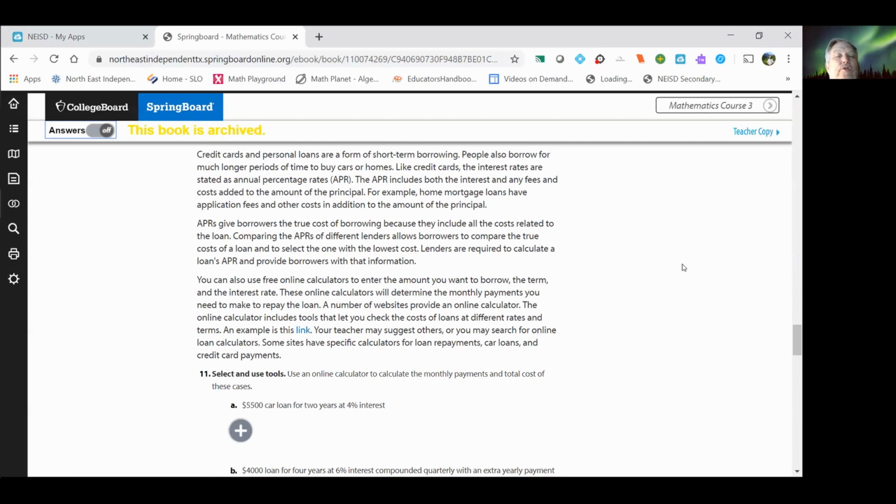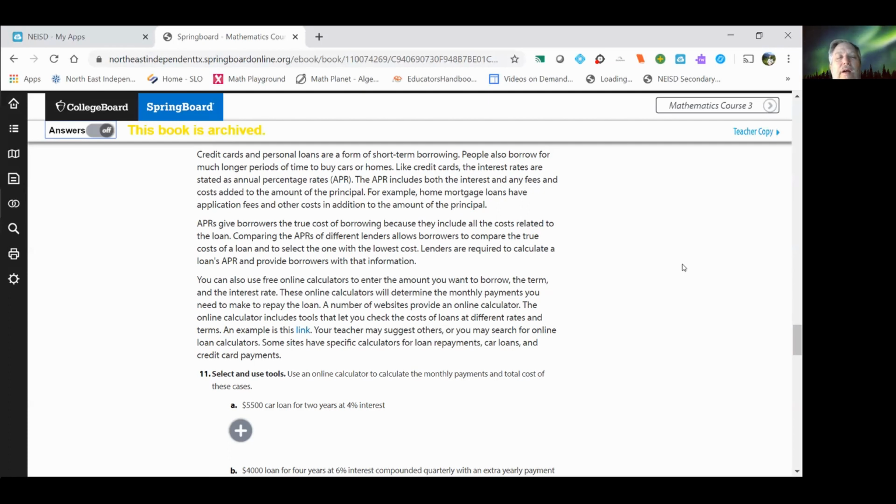APRs give borrowers the true cost of borrowing because they include all costs related to the loan. Comparing APRs of different lenders allows borrowers to compare the true cost of the loan and to select one of the lowest costs. Lenders are required to calculate the loan's APR and provide borrowers with that information.